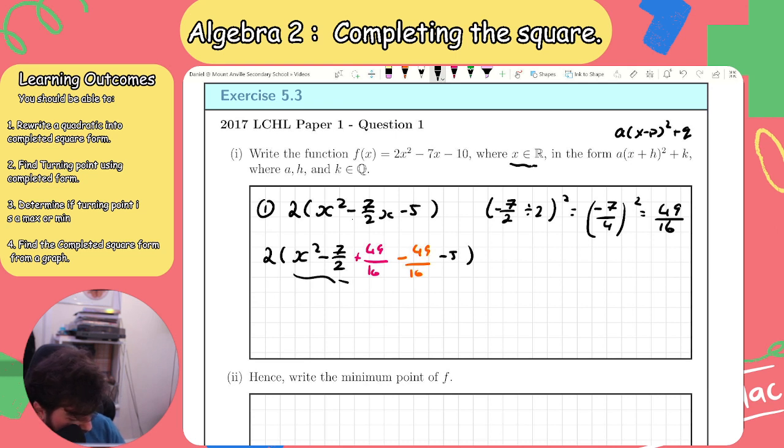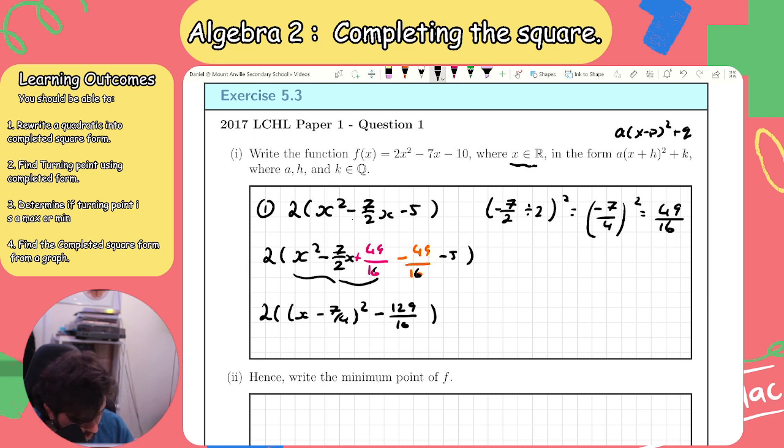So this is a perfect square. Rewrite this as a perfect square: this is going to be x minus 7 over 4, squared, and minus 49 over 16 minus 5 is equal to minus 129 over 16.